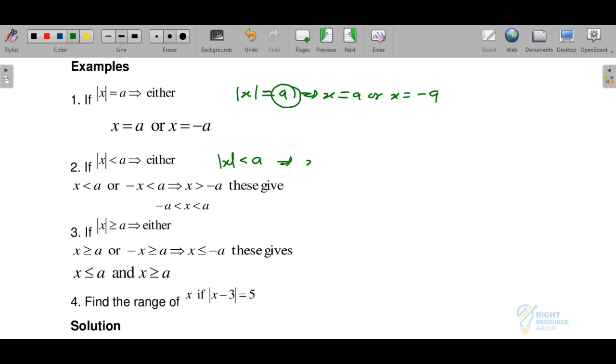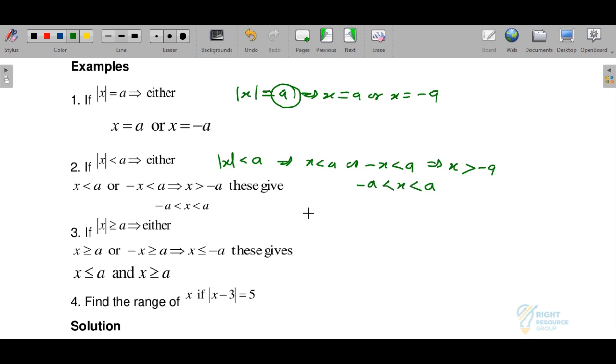So if you now have the absolute value of x less than a, it means that x is less than a or minus x is less than a, right? Which implies that x will be greater than minus a. So this will now result in a range of values where you have minus a less than x and then less than a, right?